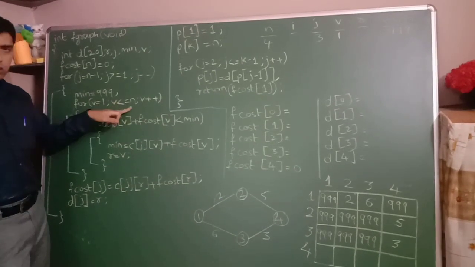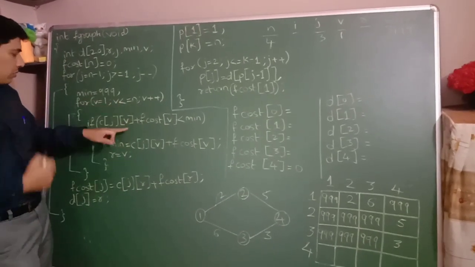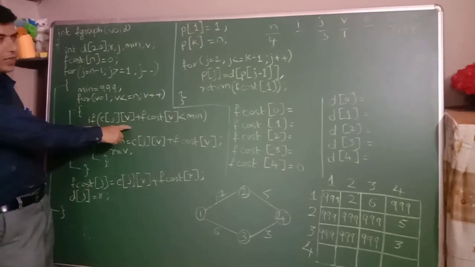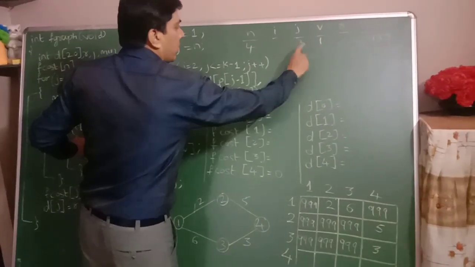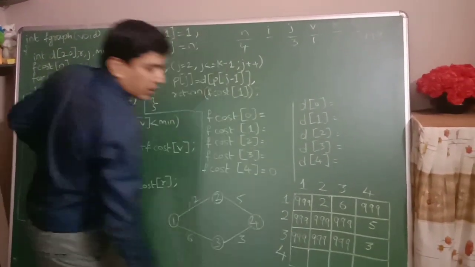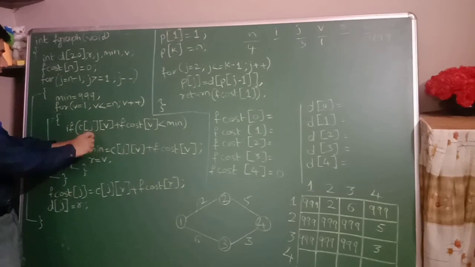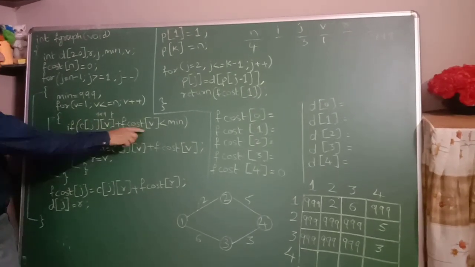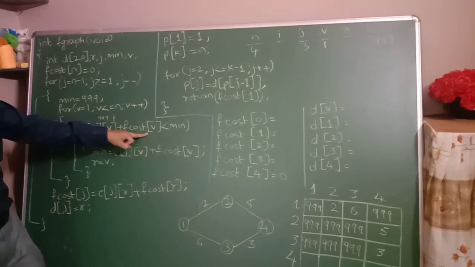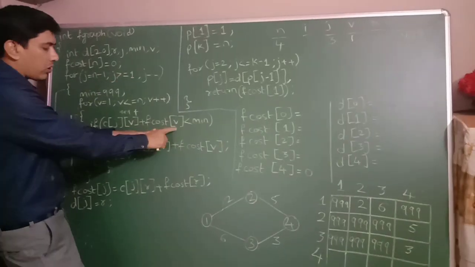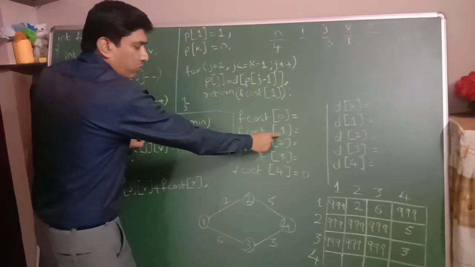Is 1 less than or equal to 4? Yes, the condition becomes true, right? So if c[j][v], that is c[3][1], right? So what is c[3][1]? It is 999, right? Plus fcost of v, that is fcost of 1, right?